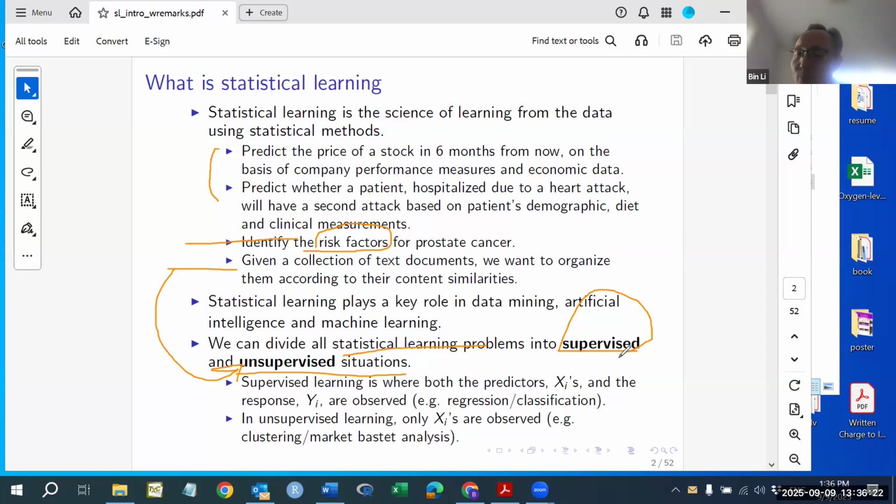So we do have some target of interest, a variable of interest. So we want to predict or estimate these values through the predictors, the explanatory variables. So that's the supervised case. The unsupervised case is where we only have x. We only have those explanatory variables. We don't have a particular response variable. Okay, so that's the unsupervised.